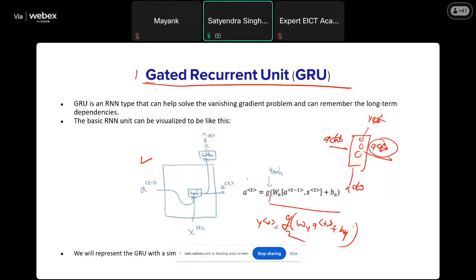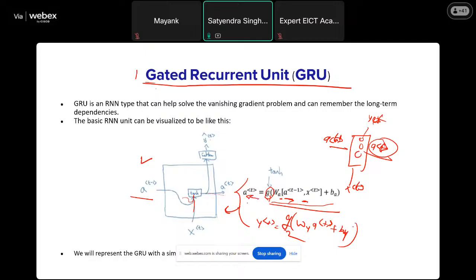This can be visualized using another alternative diagram shown here, where a_{t-1} and x_t together pass to an activation function and give you a_t.